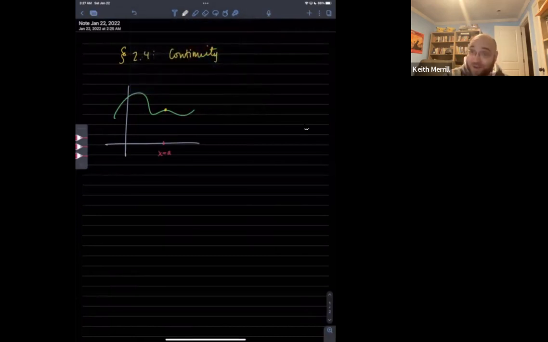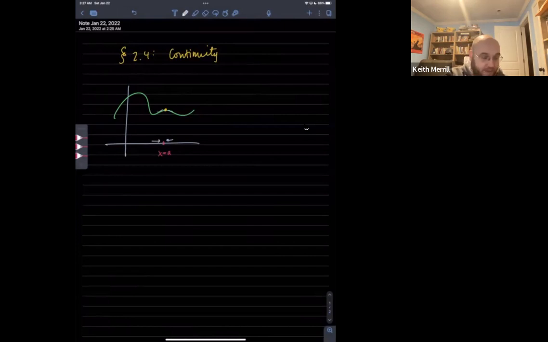So the key thing here is that as we approach a from the right or left, you can think of this as tracing your finger along the graph points as you get closer and closer to x equals a on the graph.